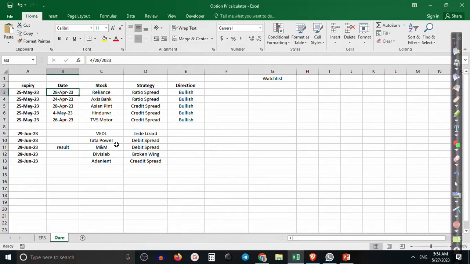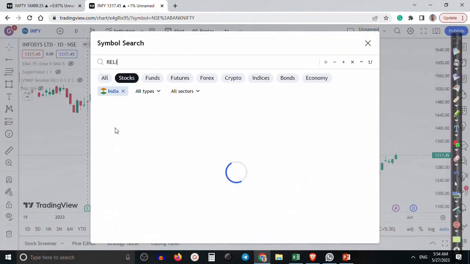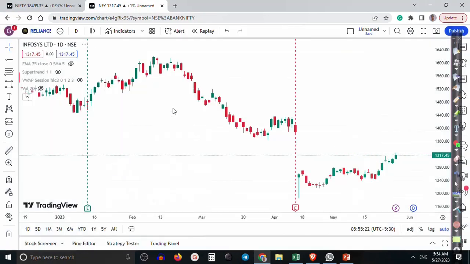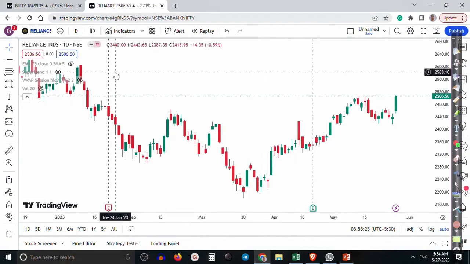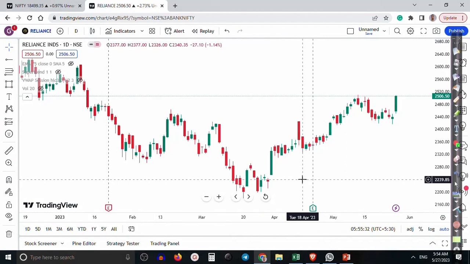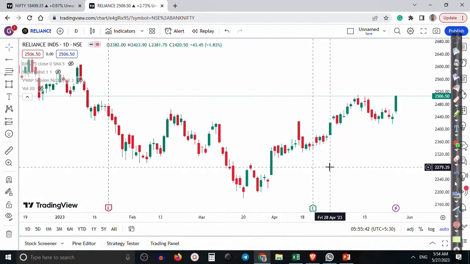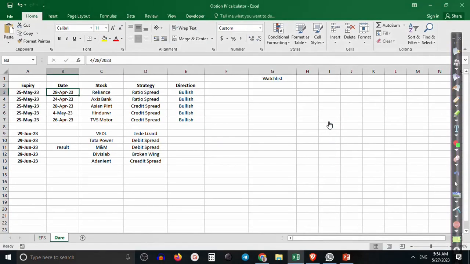I placed my order on the 28th. Let me show you Reliance. The expiry was the 25th, and I placed the order on 28th April, where I placed a ratio spread.